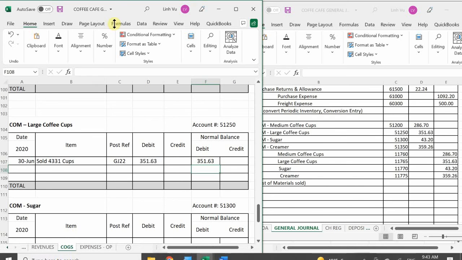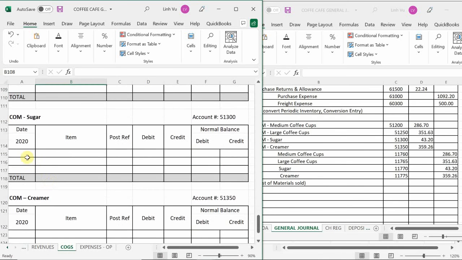Okay. Then how many pounds of sugar did we use? 120 pounds, for a total of $43.20.